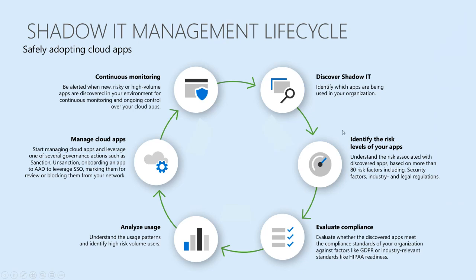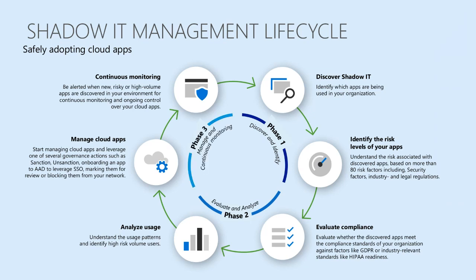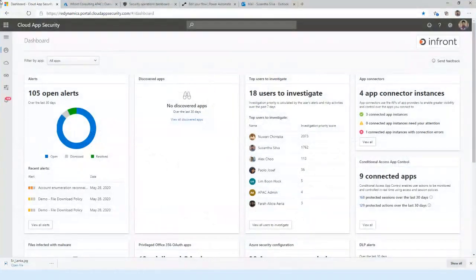Microsoft now detects more than 16,000 cloud apps, and those apps are measured across roughly 80 risk factors, and it shows you these risk factors for the application. After that, the security administrator can decide what to do with it after talking to management. This is a lifecycle to showcase how this works in a production environment.